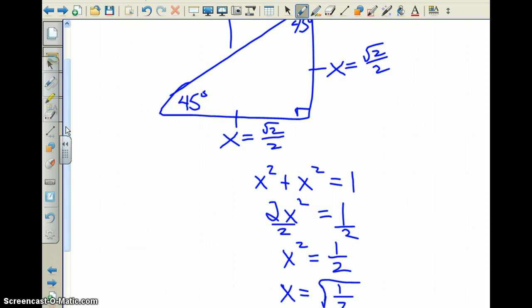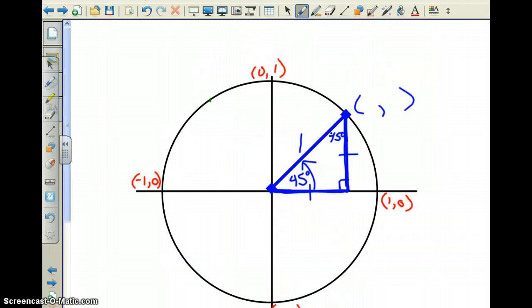So that means back on our unit circle that the coordinates of this point, when we rotated 45 degrees, are radical 2 over 2 for cos, and then up that same amount for sin, radical 2 over 2.